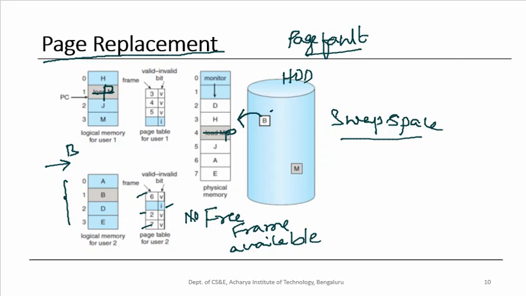But for the first time we are encountering a situation where no free frame is available. So therefore the operating system has to replace one of the pages of this process and bring the page which is referred by the CPU into the main memory.